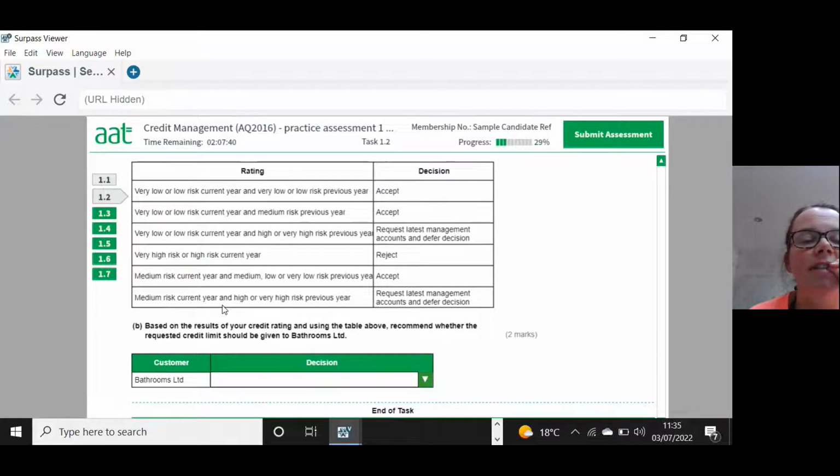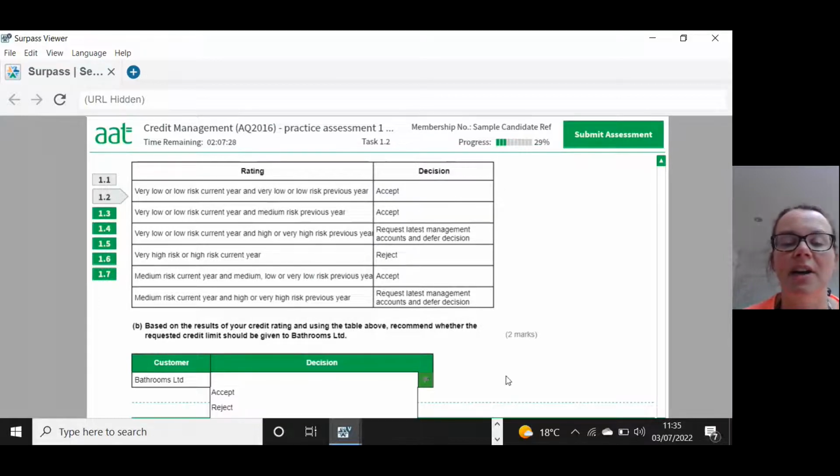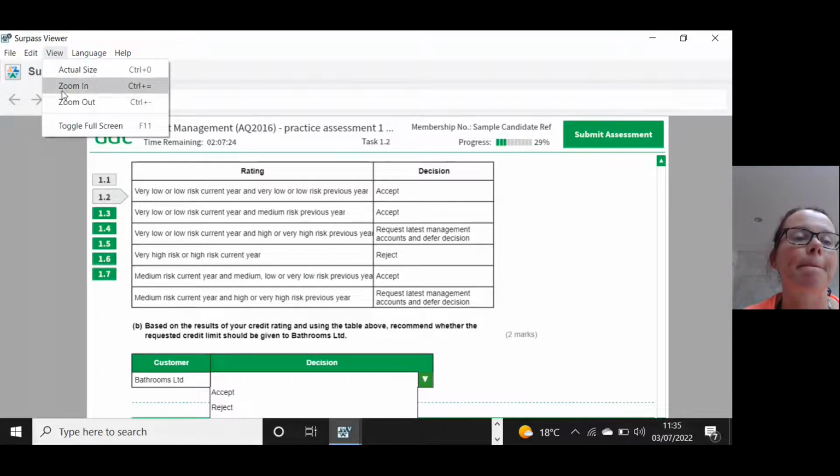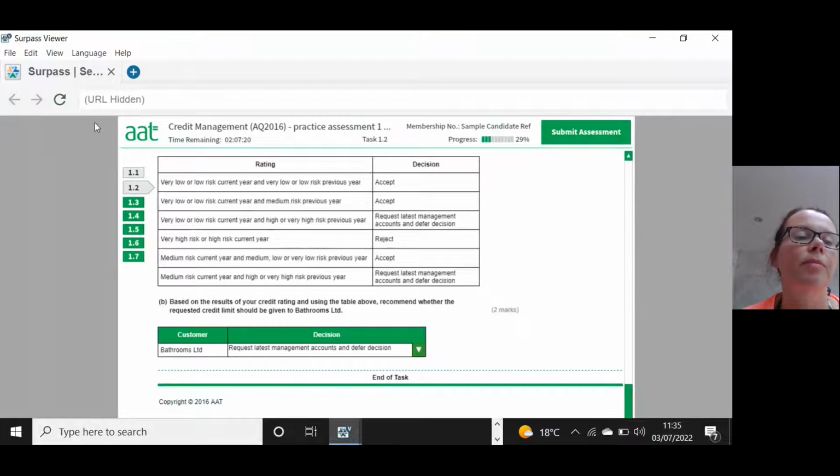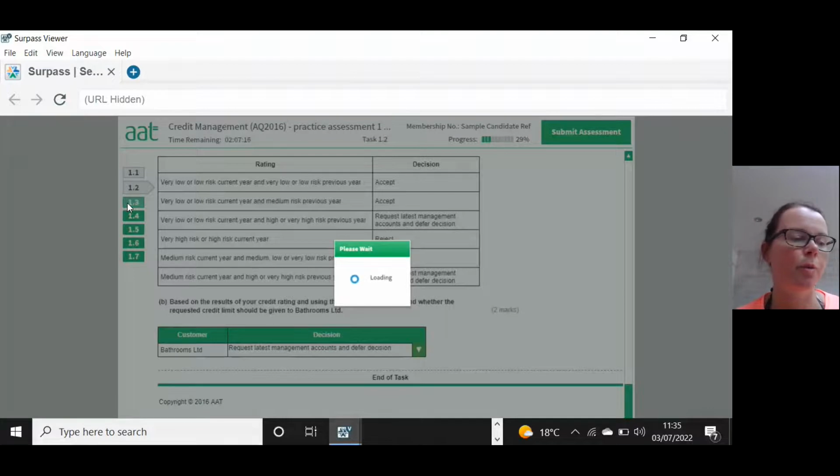Medium risk current year and high risk previous year. So the correct answer is request latest management accounts and defer decision. Okay, so I think that task is pretty straightforward.